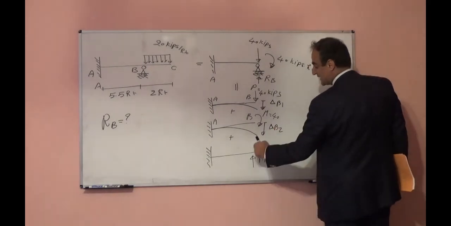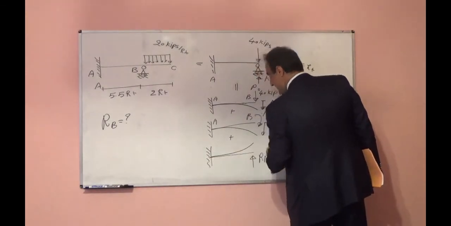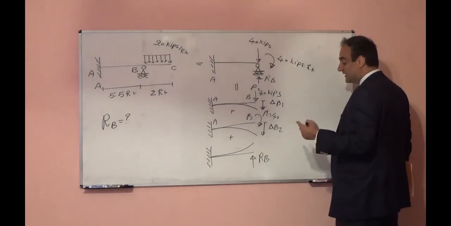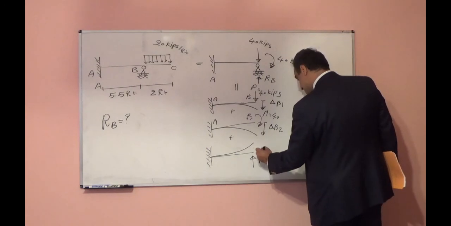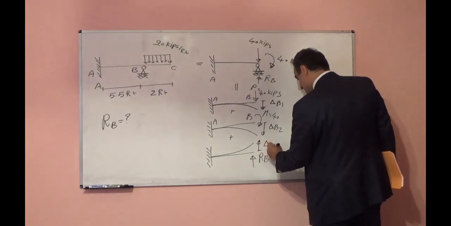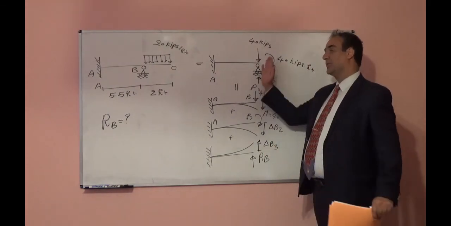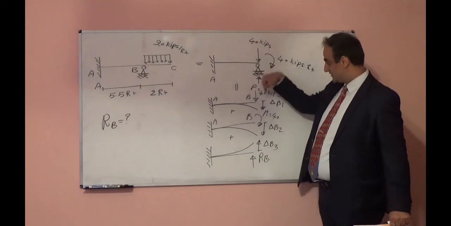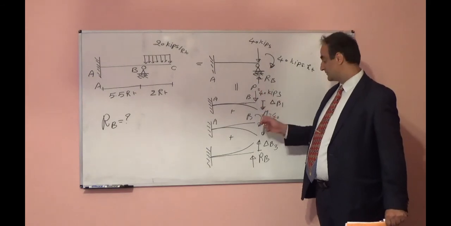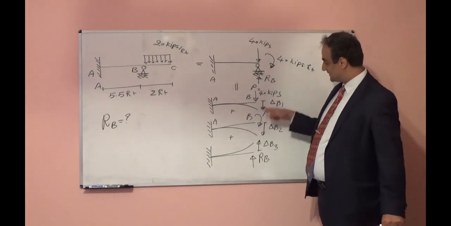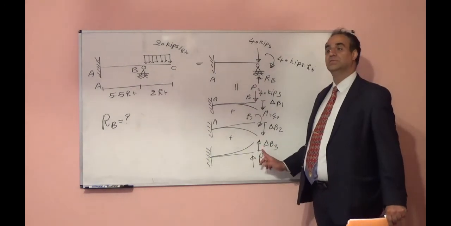Because of this reaction force, it will deflect again, and the deformation will go up this time. It will be delta B3. Why? Because this reaction is upward, this is downward. So a downward load will create deflection in the downward direction. This moment here will create deflection downward. Reaction will create deflection upward.